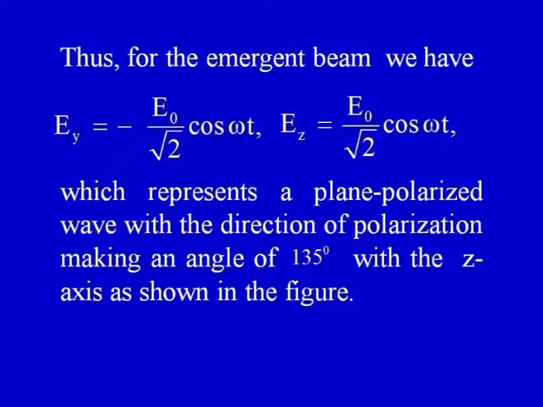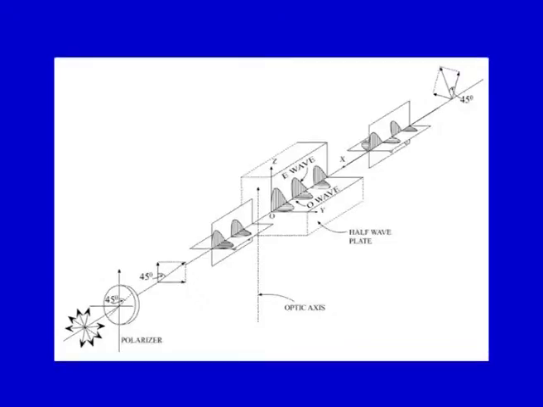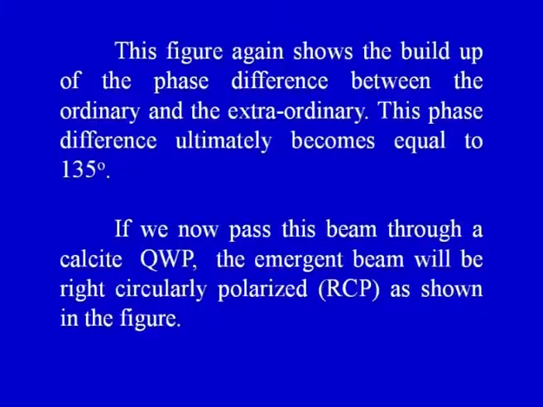Remember, in the beginning at the entry point the angle was 45 degrees, now it is 135 degrees. In the beginning, again remember, they are in the same phase. This figure again shows the build up of the phase difference between the ordinary and the extraordinary.